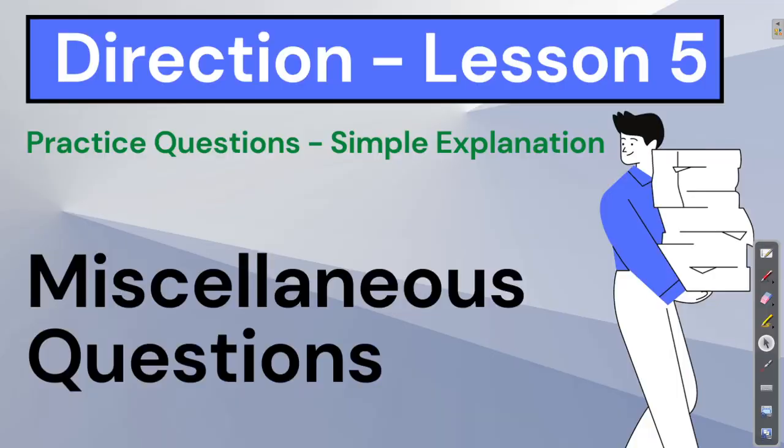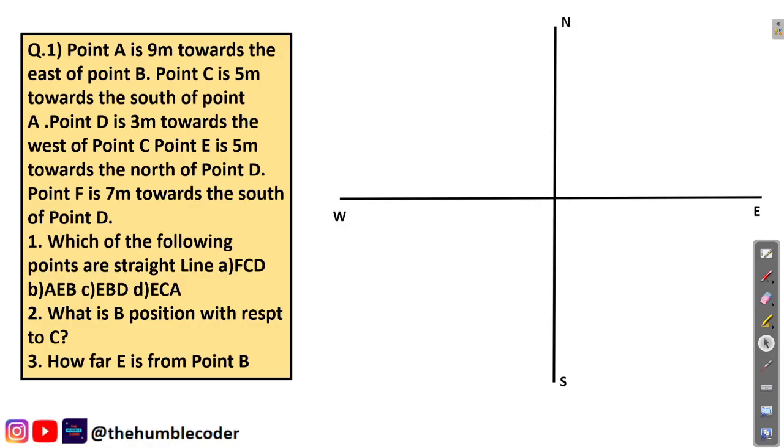So let's start with our first question. The first question that we have is, point A is 9 meters towards the east of point B. So basically what we need to do is create the diagram whatever is given to us in the question.